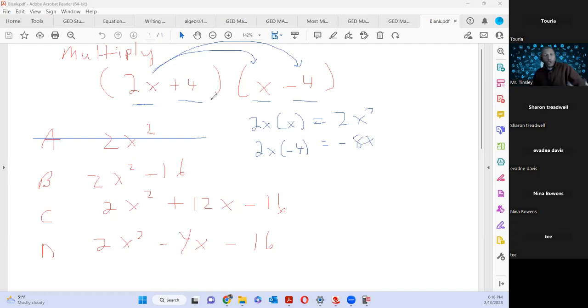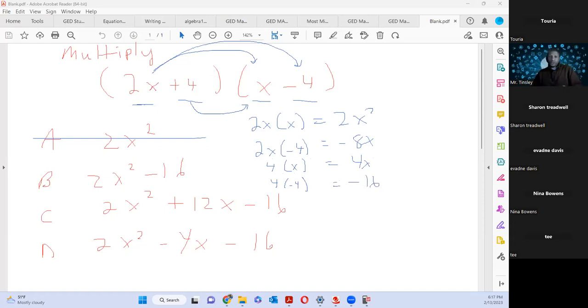So again, understand what we're doing. We're multiplying 2x times everything in the second parentheses. Now that we finished, we're going to do plus 4. What is plus 4 times x? 4x. And then we already did 4 times minus 4, which is negative 16.